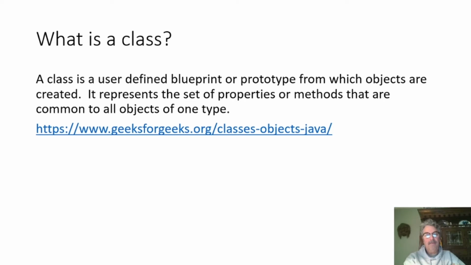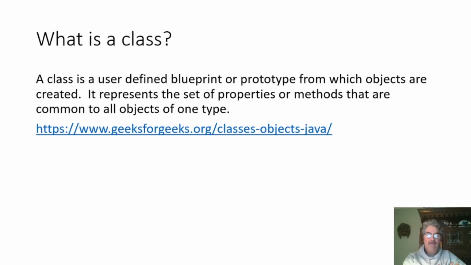So, for example, a customer class might have properties such as name, account balance, date of account creation, address. Each customer object that you create would share those properties, although they would be stored separately.